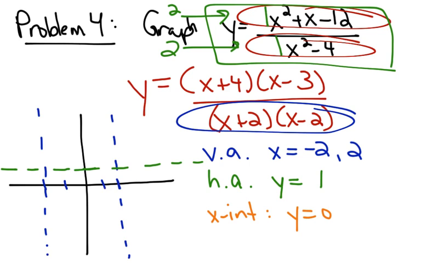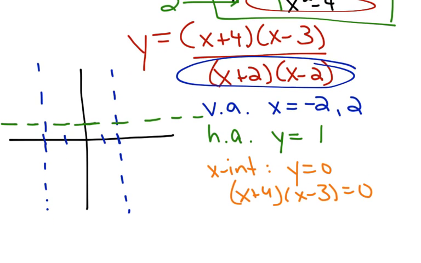The x-intercept is where the numerator, x plus 4, x minus 3, equals 0. So it turns out that the graph is going to hit the x-axis at negative 4 and at positive 3. So it's going to hit here and it's going to hit here, however this curve works.